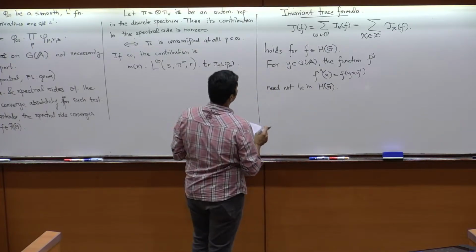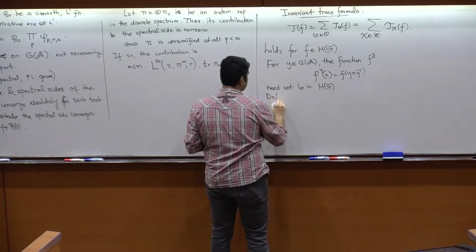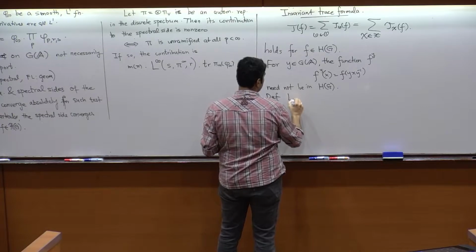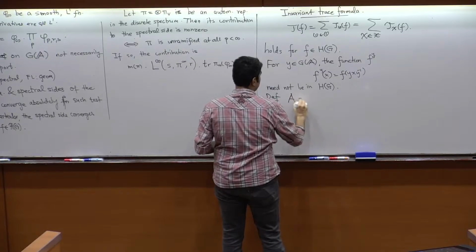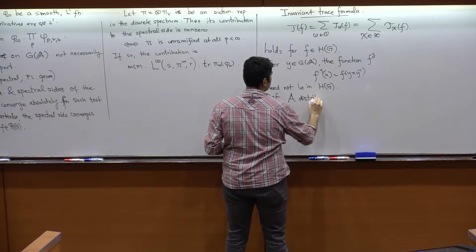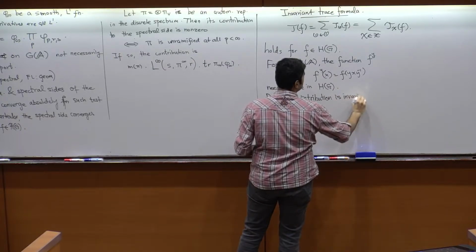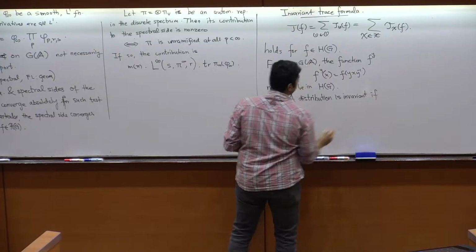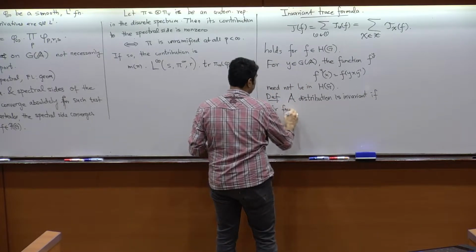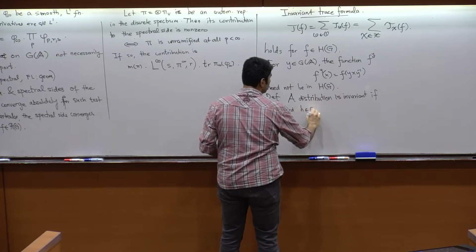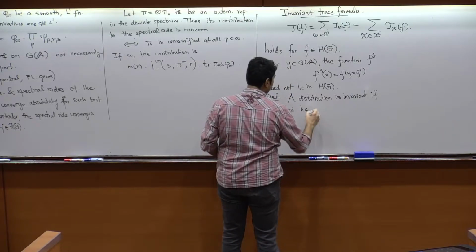And so you define invariant, a distribution to be invariant, with a different definition. A distribution is invariant if for a fixed function h in the Hecke algebra, if you convolve on the left and right, you get the same value.